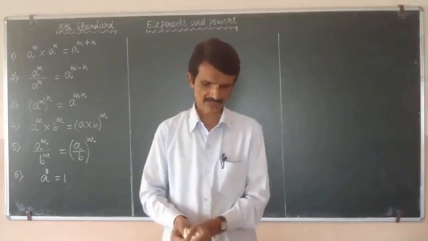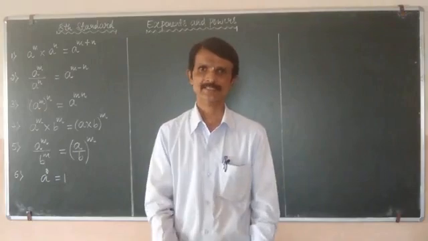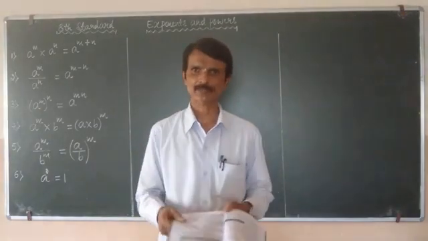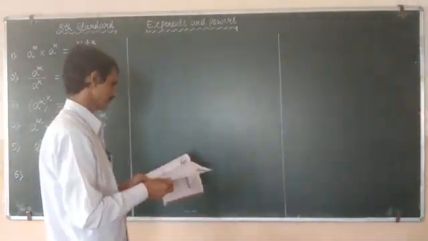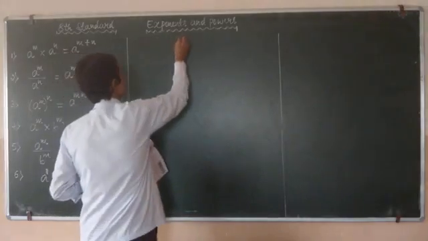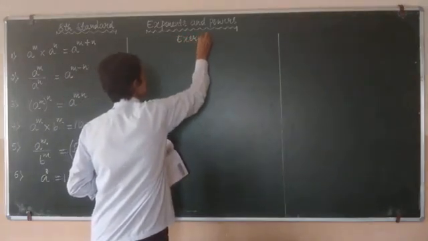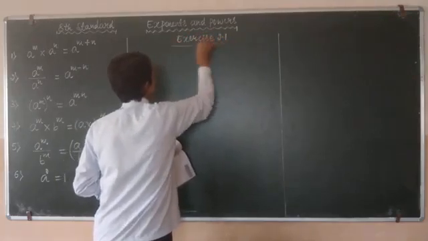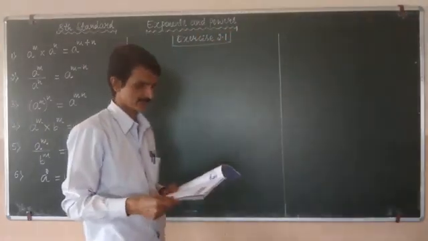Here a and b are non-negative integers. And also, students, we have seen some problems using these laws. Now we will continue with those problems in Exercise 2.1, where we have simplified some of the problems.